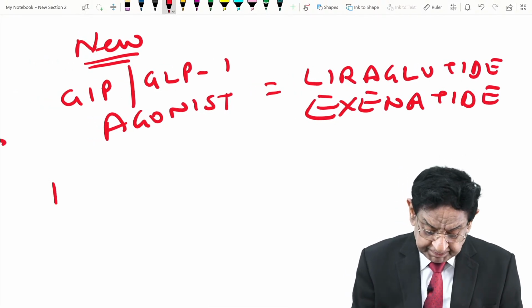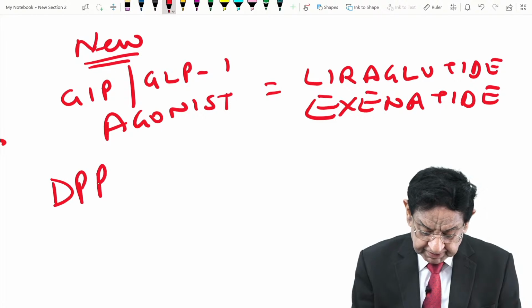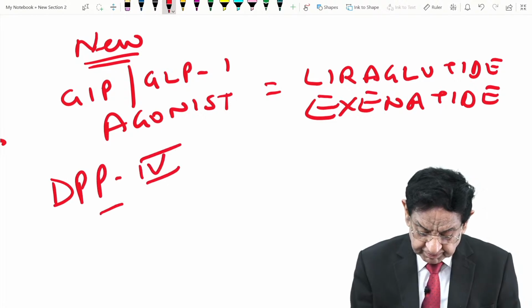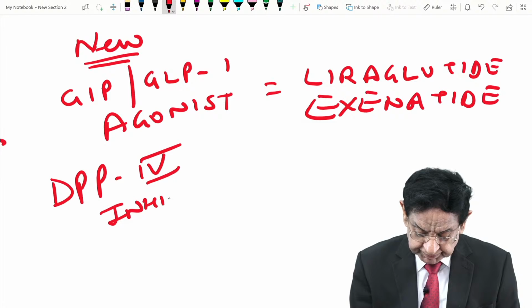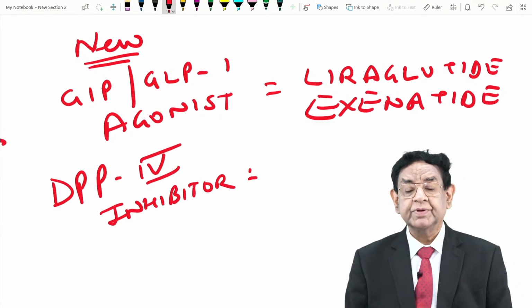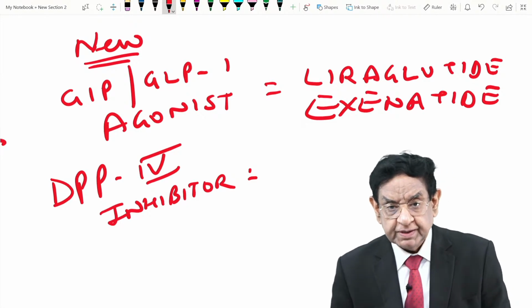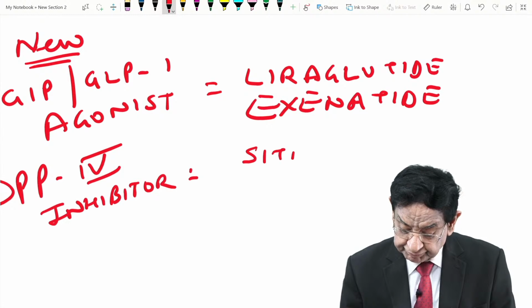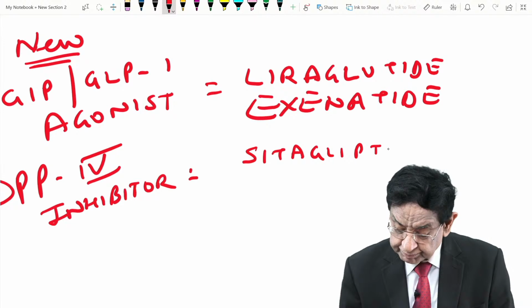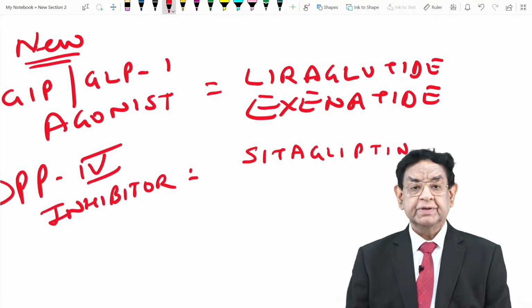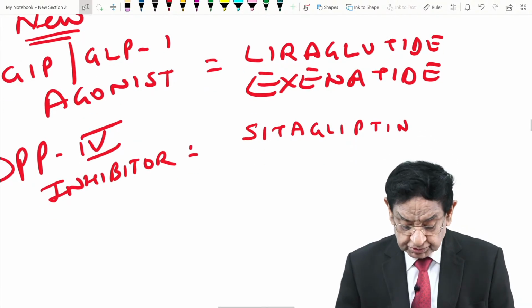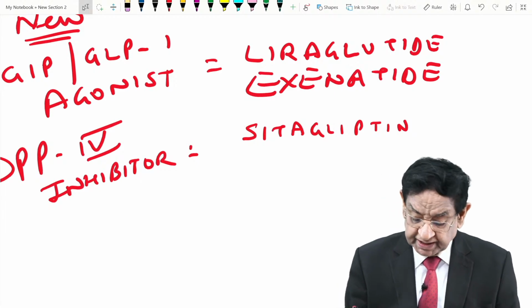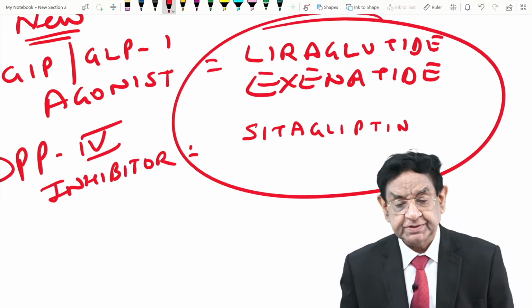We have DPP4 inhibitors, sitagliptin. So these are very, very important questions.